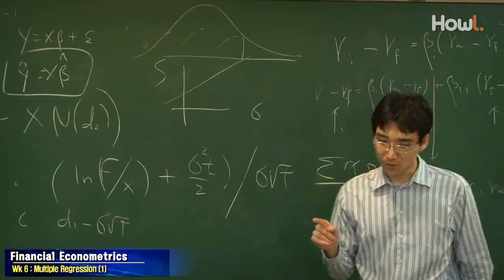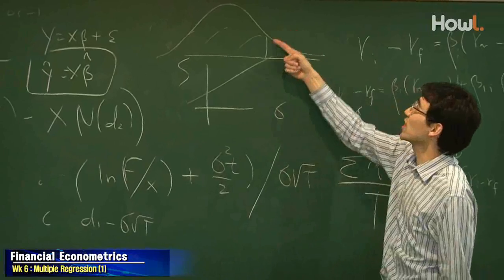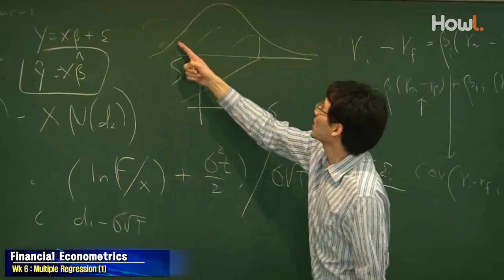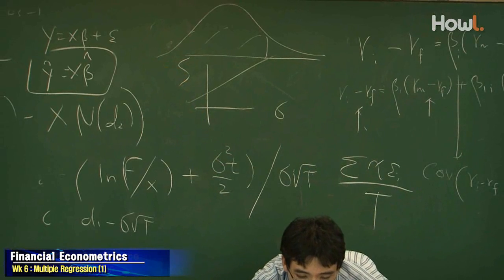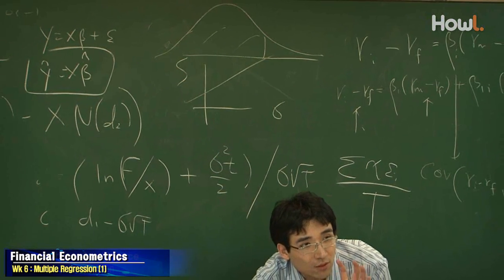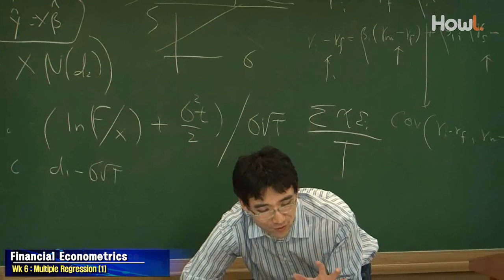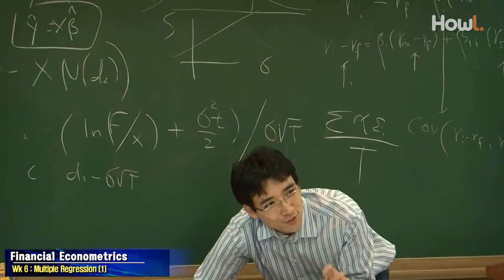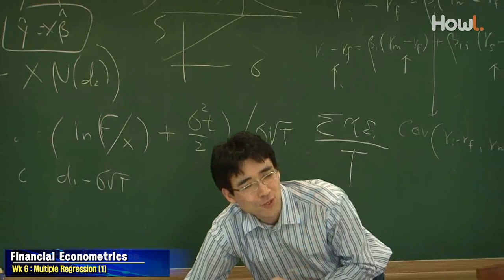And in hypothesis testing, we want to know the size of this part plus the size of this part, because the p value is the probability that the realization of the absolute value of t is greater than this absolute value.